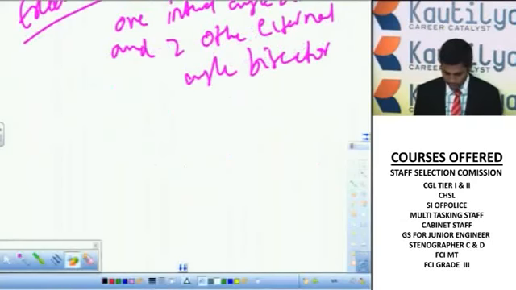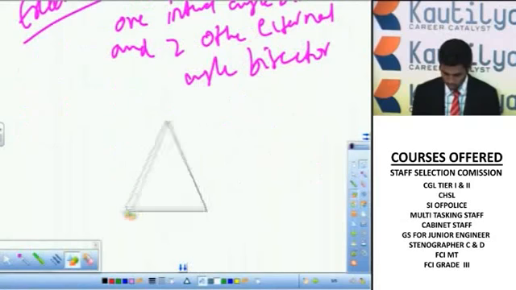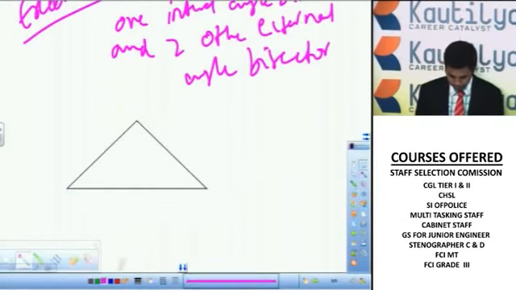That is, if we take a triangle, this is the triangle, and the angle bisector for this triangle will be like this.